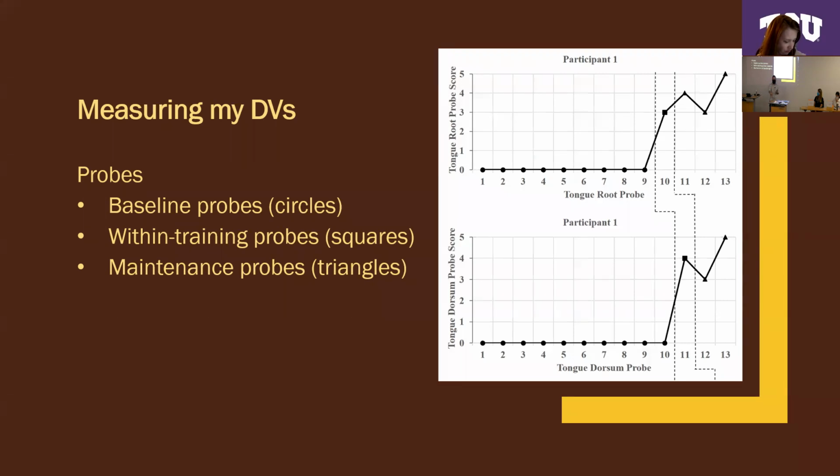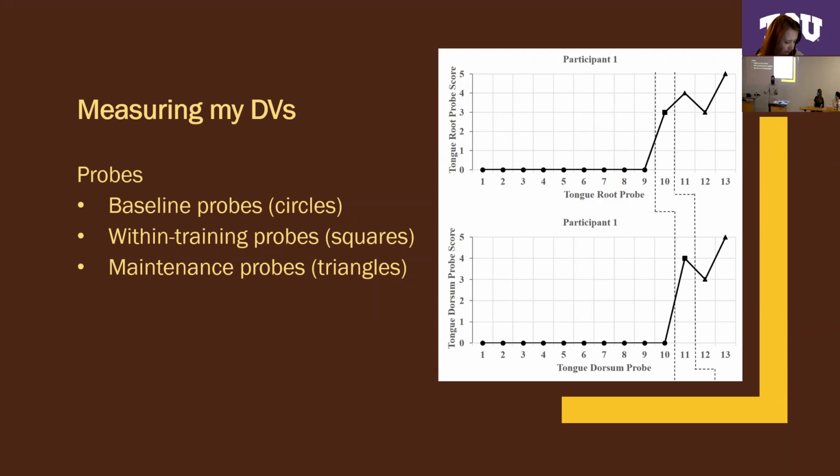Today I give you training. At the end of this training, I'm going to do probes to see if you learned about tongue root. But at the same time, I'm also going to give you probes for tongue dorsum, tongue blade, and tongue sides to see if you still have no knowledge on those other tongue sections.